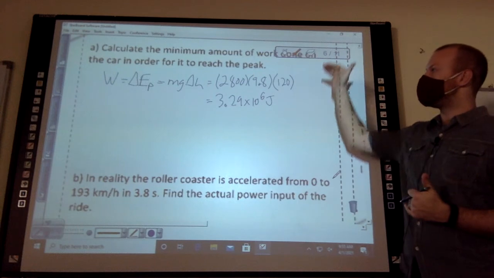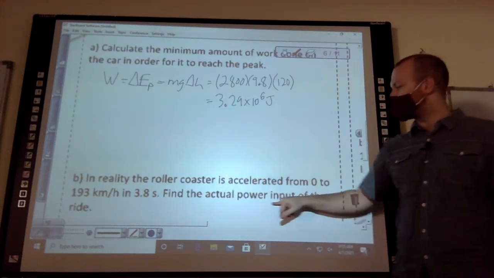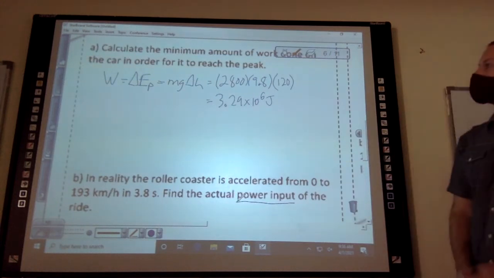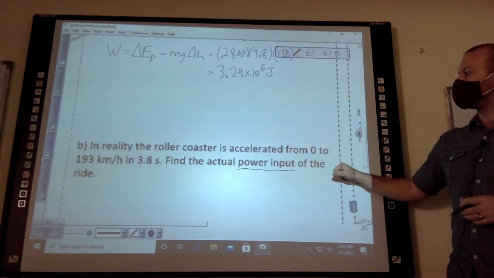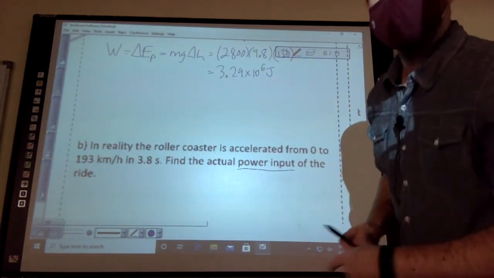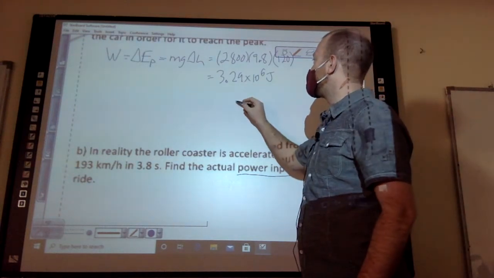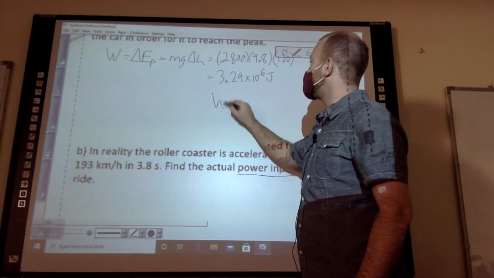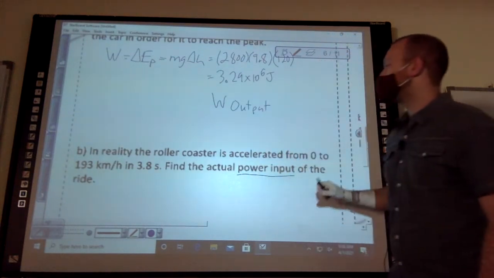We reached some height due to some initial power. That's what we're going to figure out here. What's the initial power? Well, we have the output already. I'm going to write down here so we remember. This is the work output.